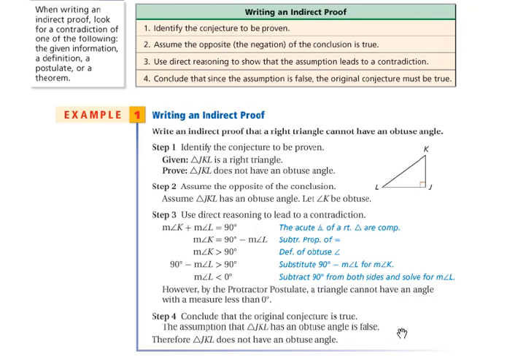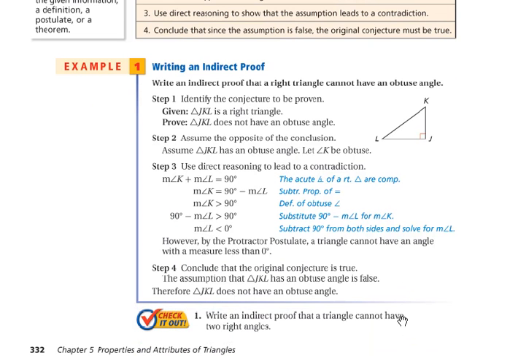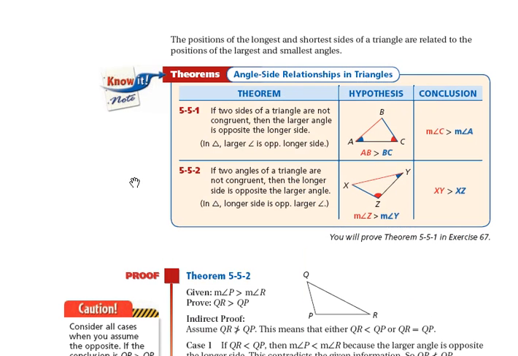Therefore this assumption is going to be false. In other words, this triangle does not have an obtuse angle. Again, this can be a little bit tricky to follow, so you really want to make sure that you read through these a couple of times.